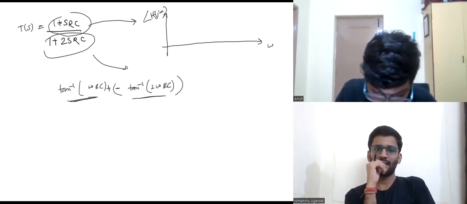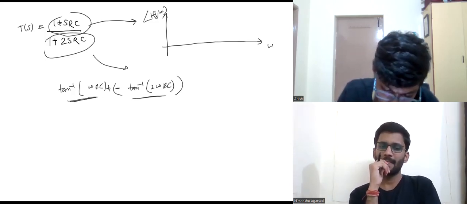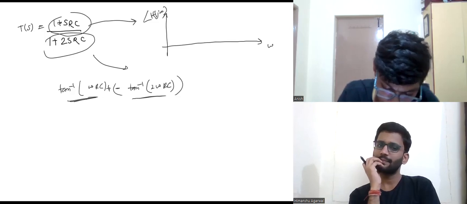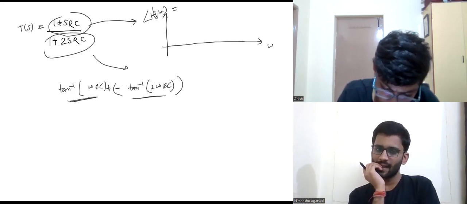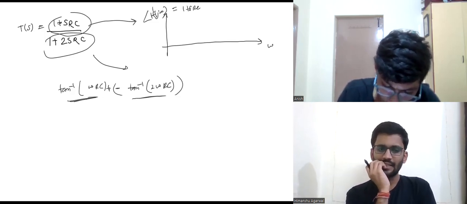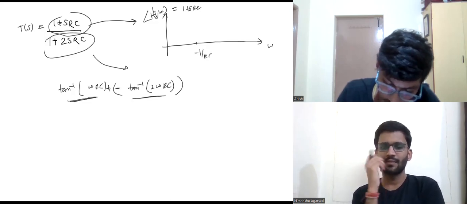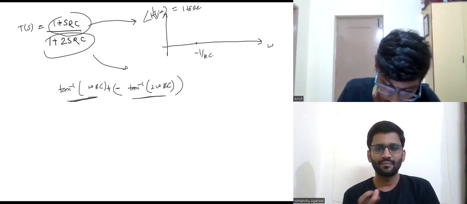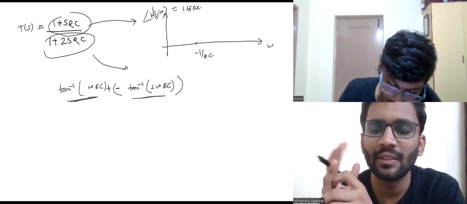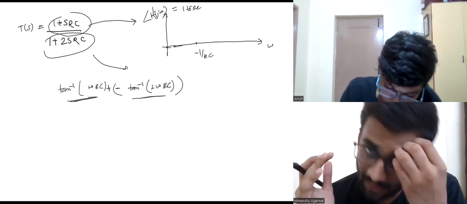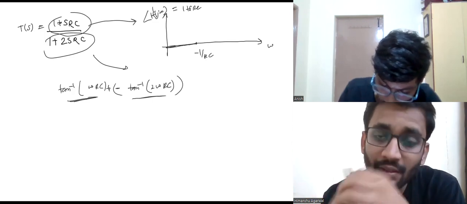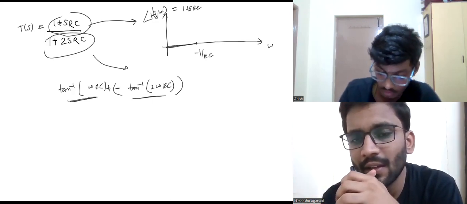Okay. So first, for this part, H dash of omega is basically equal to 1 plus sRC. We have one corner frequency at minus 1 by RC, right? Initially, the angle was 0. How do you plot a phase plot?